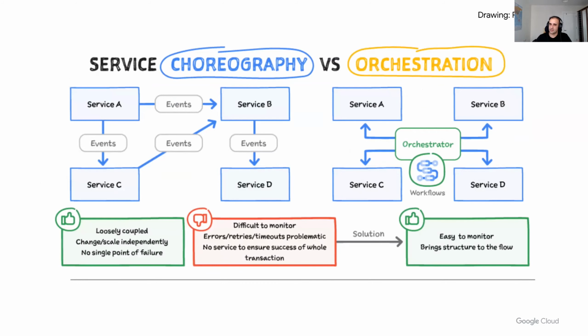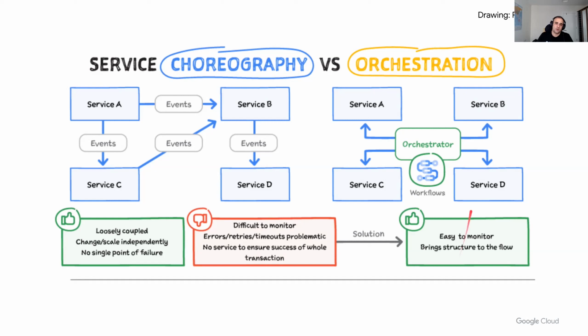One way that I don't show here is you can have services calling each other directly. So service A can call service B can call service C. It's not a good idea in the sense that you're creating dependencies between your services, and it makes things harder to update and harder to maintain.